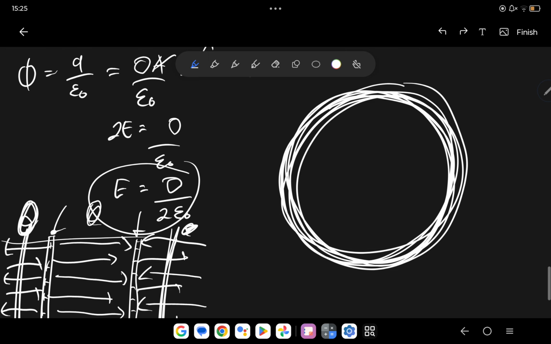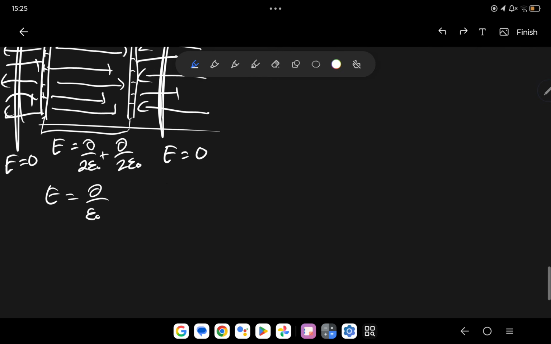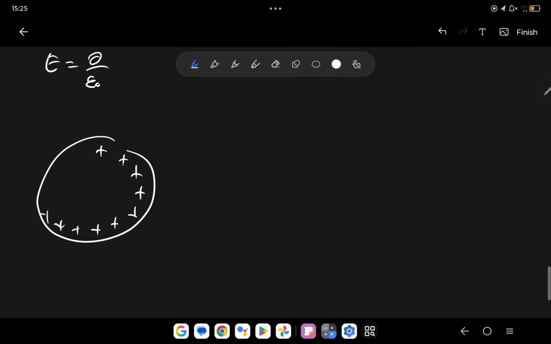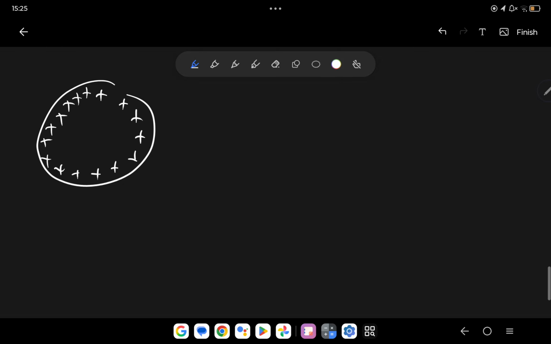So, what is the electric field by the sphere? Imagine we have a sphere. Let's make it smaller now. Remember, it's all on the outside, on the edge, and nothing on the inside.